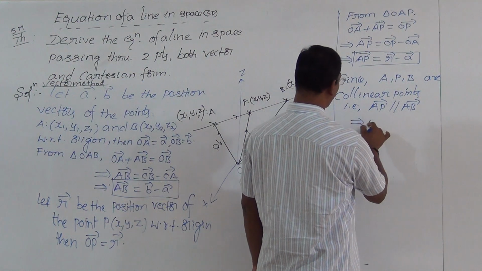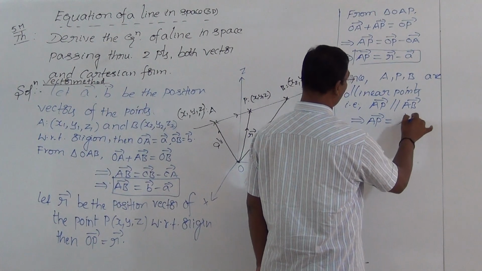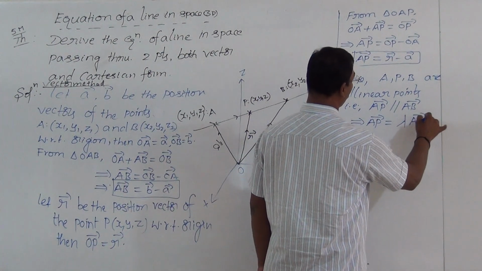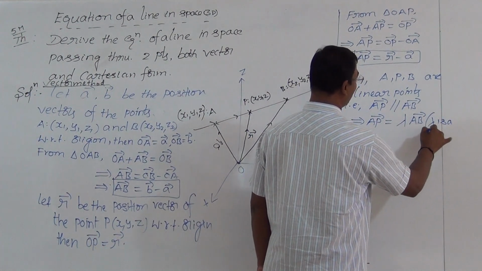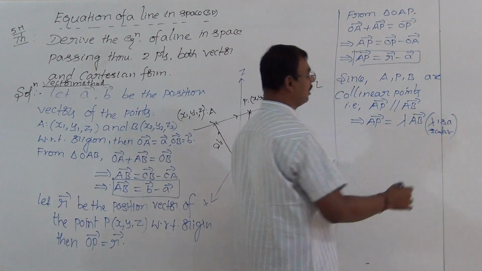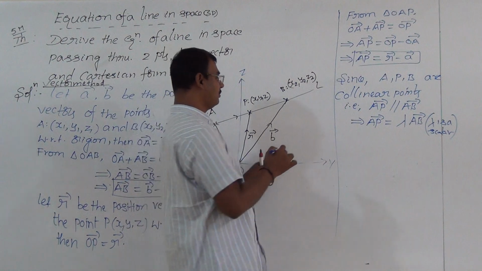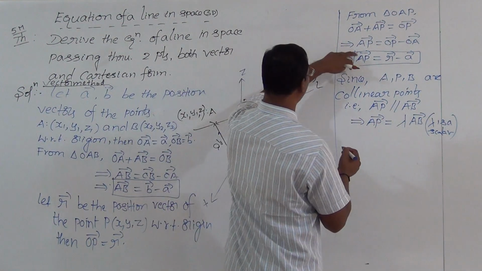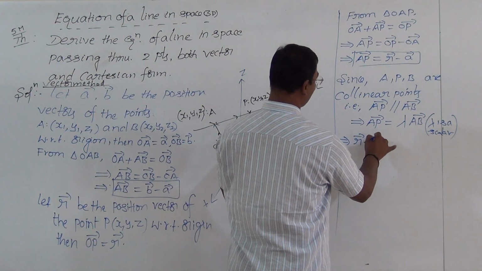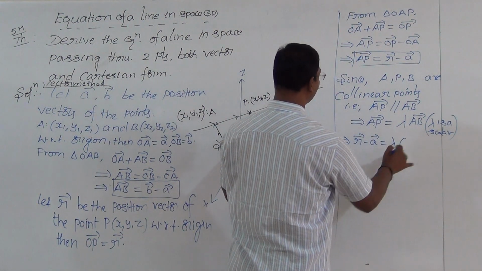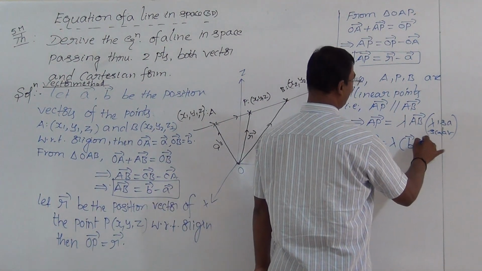From this, if two vectors are parallel, we have the condition AP vector is equal to lambda times AB bar, where lambda is a non-zero scalar. It is a constant. Now substitute here. We got AP bar is equal to R bar minus A bar is equal to lambda times AB vector, which is B bar minus A bar.